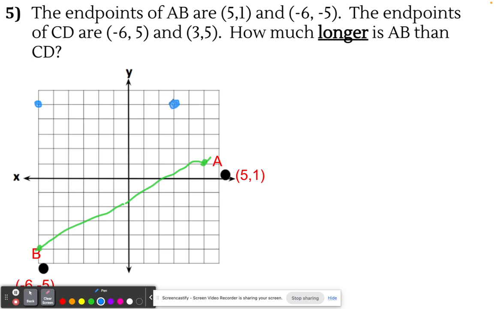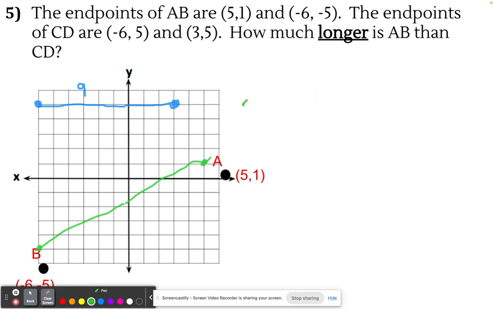Well, the nice thing about the second one is I don't even really need to use my distance formula. It is a horizontal line. I can just count it. This one's 9 units. So I really only need to find the distance between these 2 points.